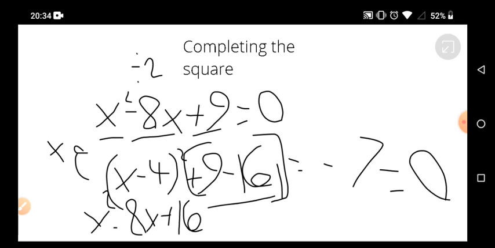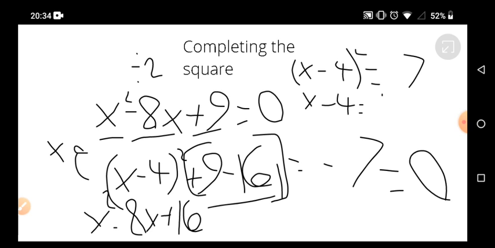We could solve this as an equation, and I'm going to add 7 to both sides. So we have x minus 4 squared is equal to 7. Square root both sides, and we get x minus 4 is equal to positive or minus root 7. I'm going to stress that there are two answers to the square root of 7.